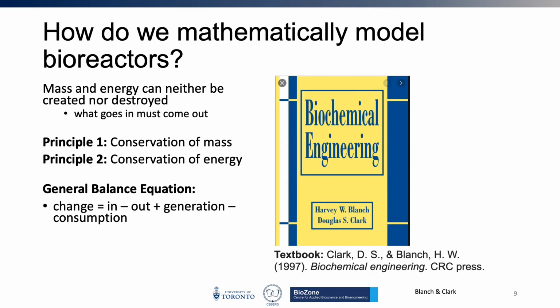And you'll be able to see this in most of the equations that I am about to go through. And if you want to learn more about any of these equations and where they come from, look up the textbook that I'm taking all of this from, which is the Blanch and Clark Biochemical Engineering textbook, published in '97.